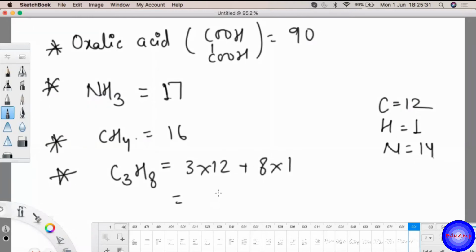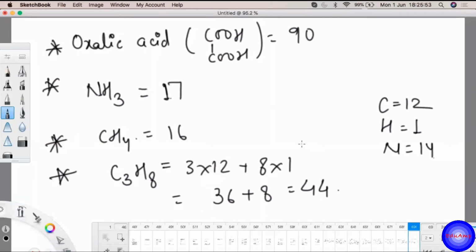I hope everybody knows how to multiply and then add. Right? 36 plus 8. That is 44.